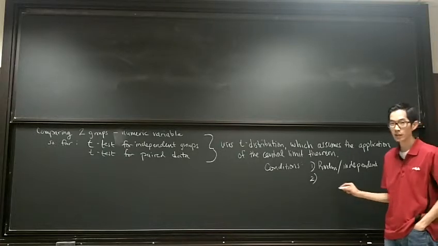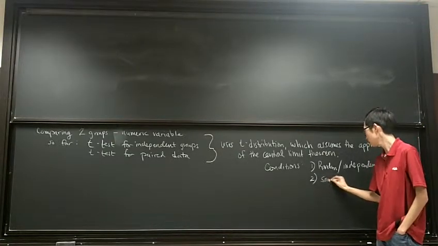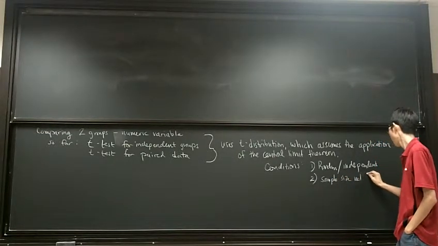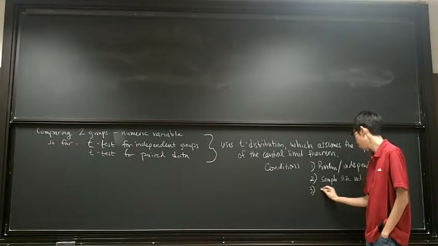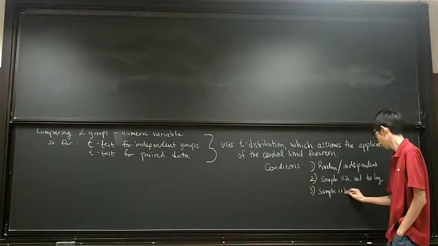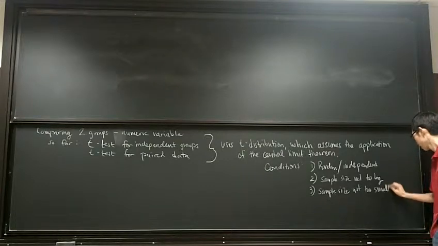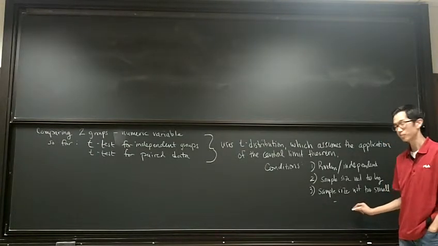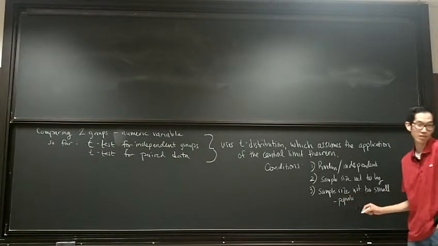And then the second one we have what? Okay, the sample size not too big. And the third one is sample size not too small, right? Sample size being not too small is either the population is normal, or the sample size is large.